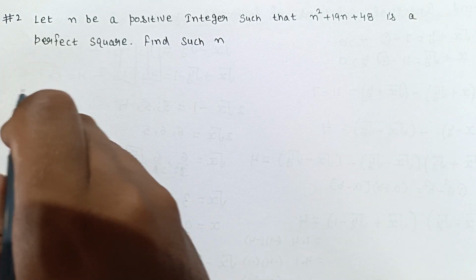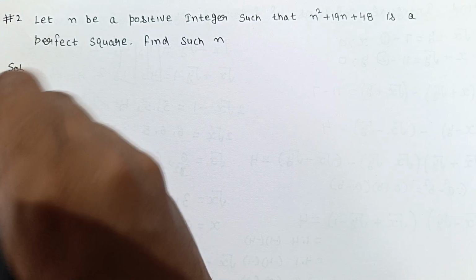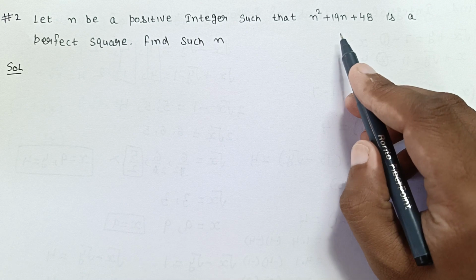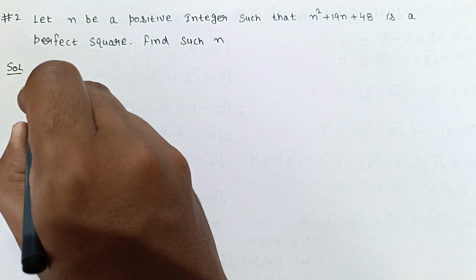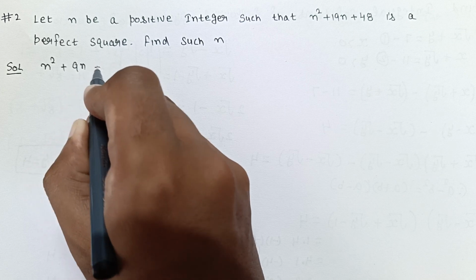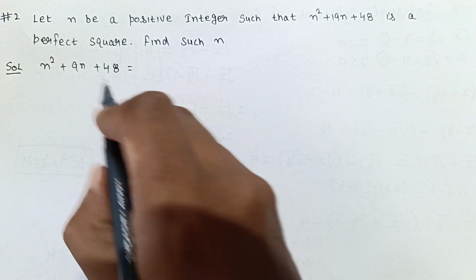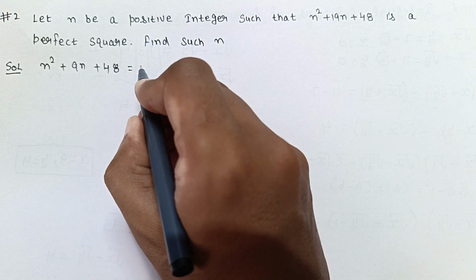For this kind of question, we first have to make it a perfect square. This is a quadratic in n, so we try to make it a perfect square. Here is the coefficient of n.